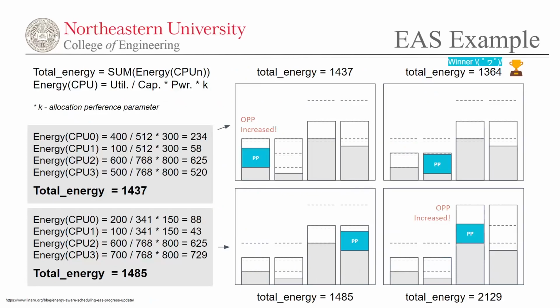The parameter k equals 1, as it stands for no preference of allocation for the system. As you can see, allocating PP to little core CPU 1 gives the minimum total energy. This means that by allocating PP to CPU 1, the system itself will reach the minimum energy cost.